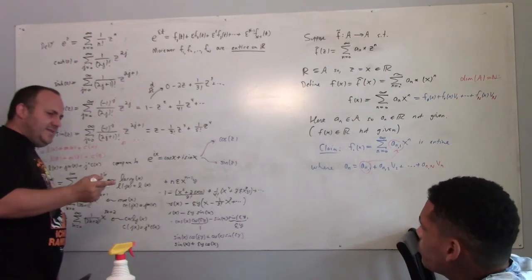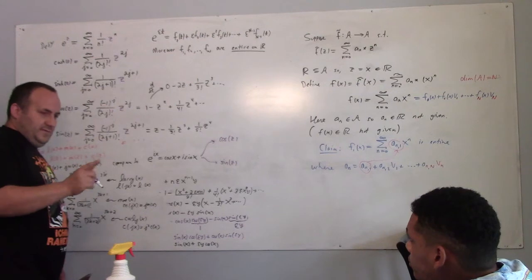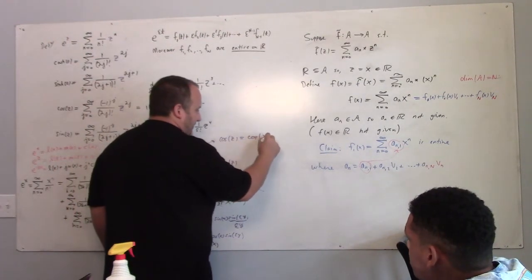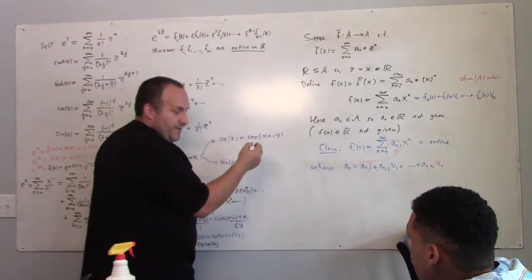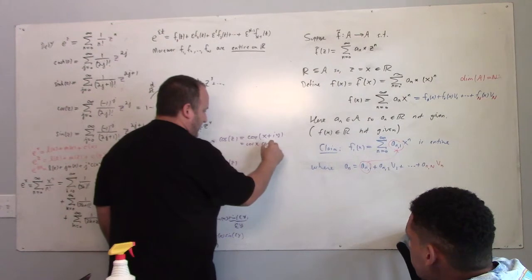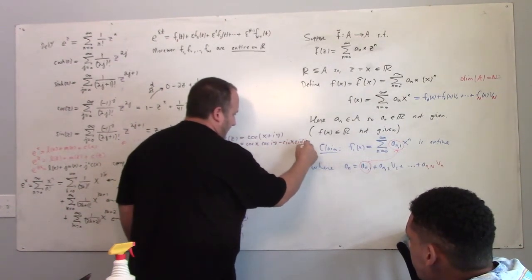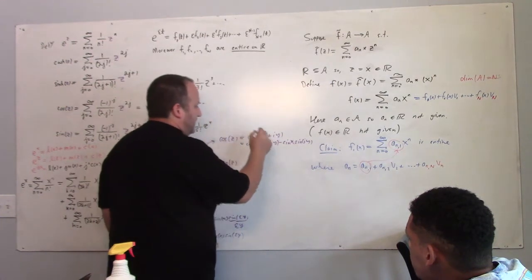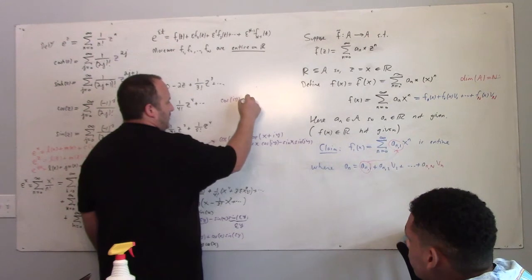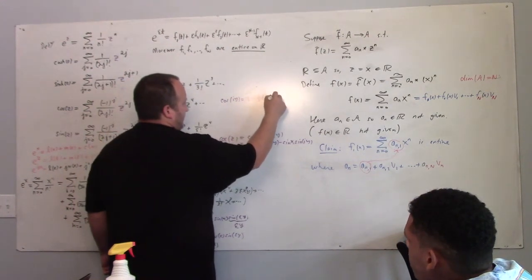But complex sine and complex cosine have other features that are unfamiliar. Let me show you. Cosine of x plus iy, right? So that's like cosine x cosine iy minus sine x sine iy. Okay, so think about what's cosine of iy. It is 1 minus 1/2 (iy) squared.